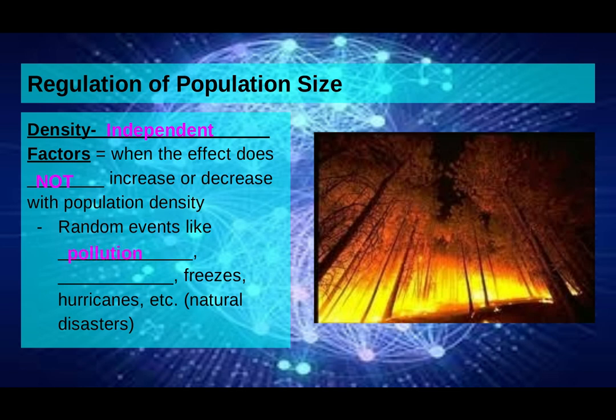So random events like pollution, drought, freezes, hurricanes, forest fires, all your natural disasters, are not going to be picky about the population size or growth that they're wiping out or affecting. It's completely by chance. So it doesn't matter how big or small the population is. Density independent factors won't affect things differently based on their size.